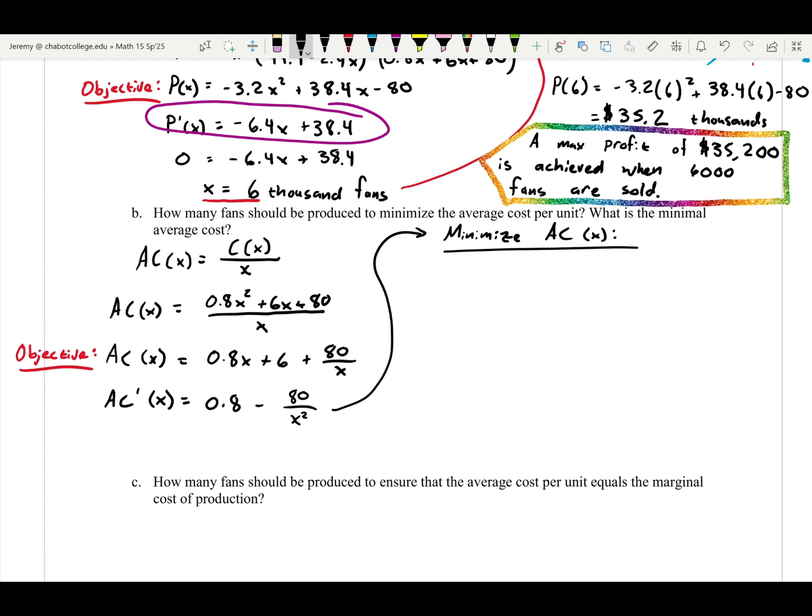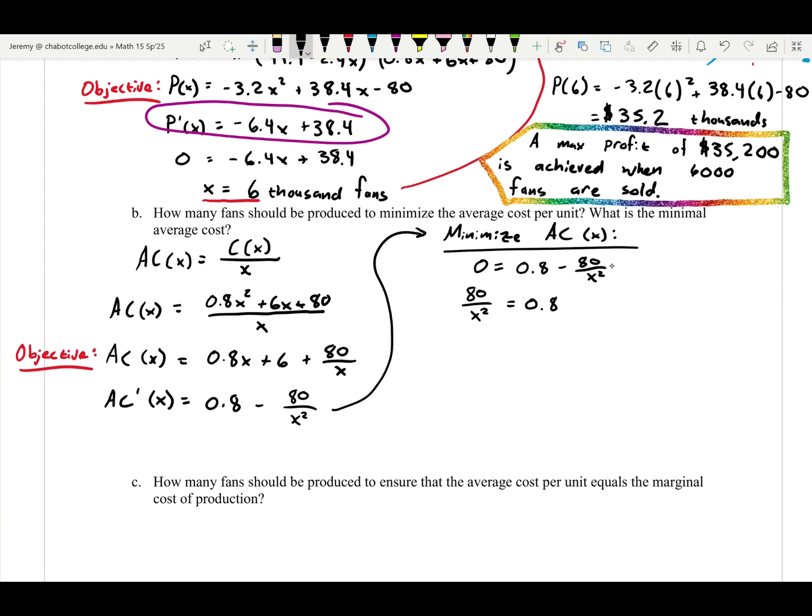And I'll want to set that derivative equal to 0 and solve for x. So how about add 80 over x squared to both sides? And I can multiply both sides by x squared, divide both sides by 0.8.